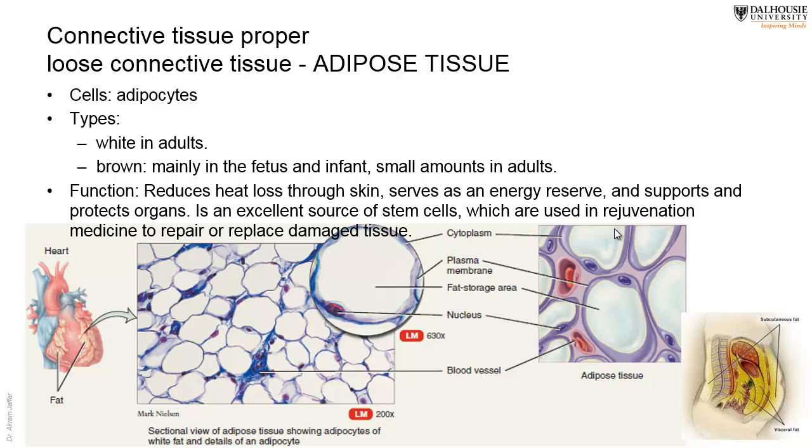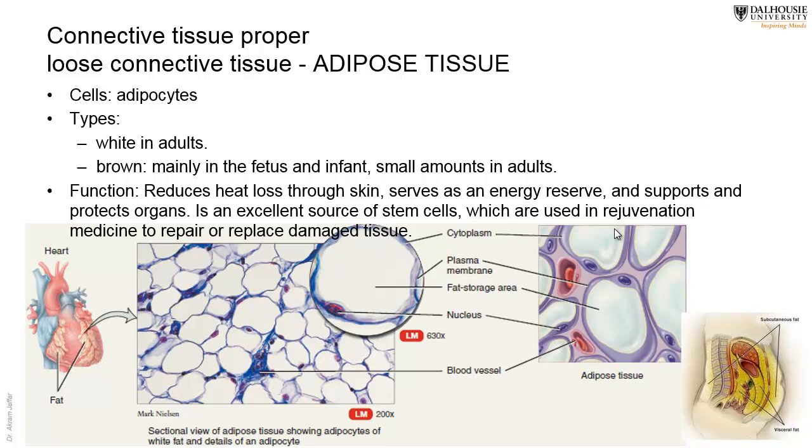The function of this white connective tissue is that it reduces heat loss. So that's why it's present in large amounts in the subcutaneous tissue, just under the skin, which acts as an insulator for the body. It serves as an energy reserve because of this fat. That's why in case of starvation, for example, the amount of adipose tissue reduces in the body, and it increases in obese people.